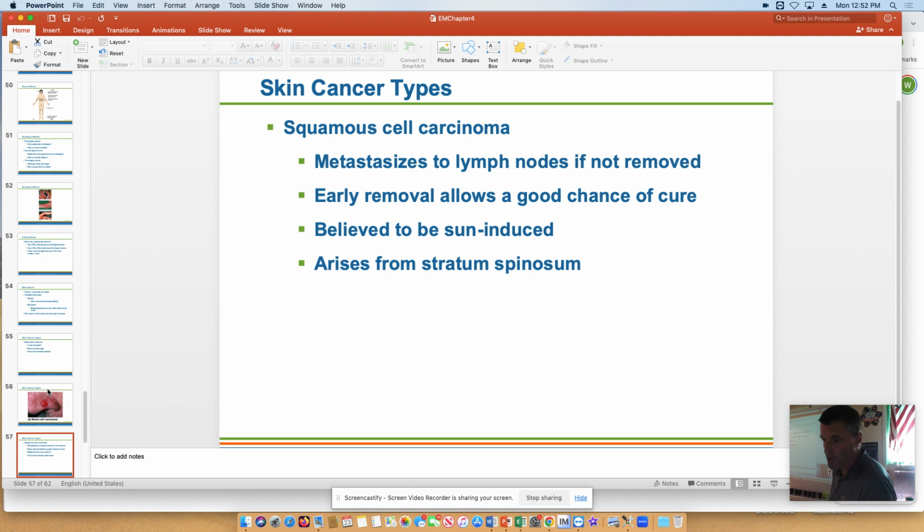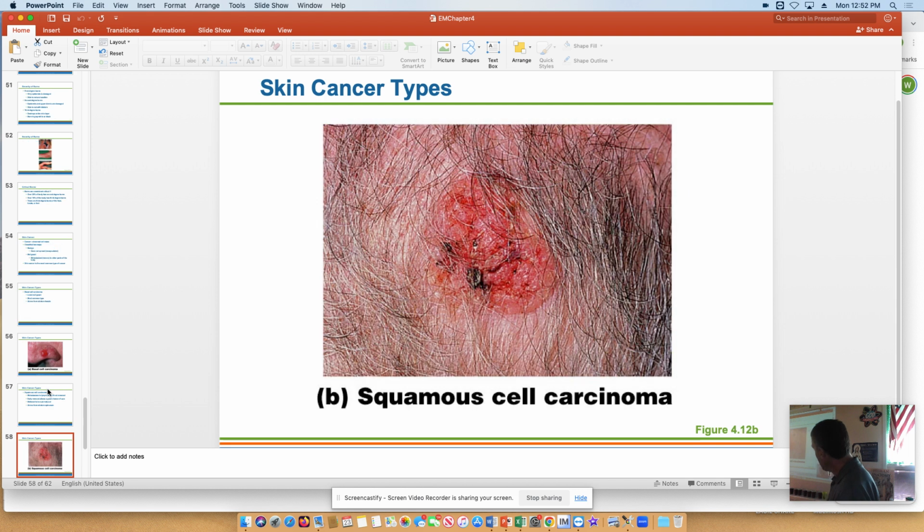Okay. So if you didn't notice, we're going up in severity. Basal cell carcinoma is generally not as threatening or dangerous. Squamous cell carcinoma can be, if it's let go and spread to the lymph nodes, which makes it more dangerous. That's in somebody's hairline, so it looks a little bit more irregular.